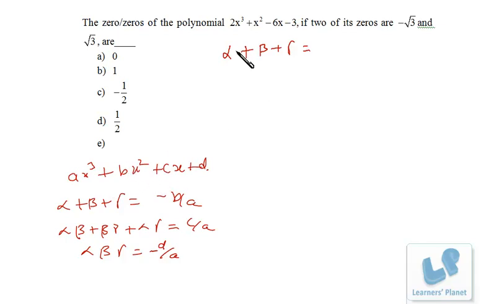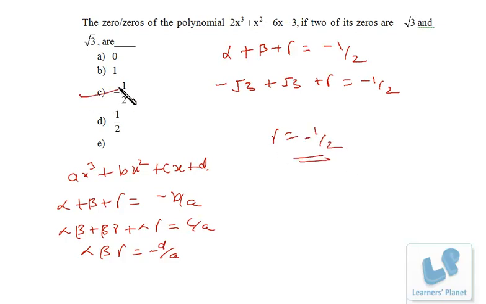So it's minus 1 by 2. Now two of the zeros I already know, that's minus root 3 and root 3, so I can put the value of alpha and beta over here and can calculate the value of gamma. So it's minus root 3 plus root 3 plus gamma is minus half, so gamma is minus half, right?